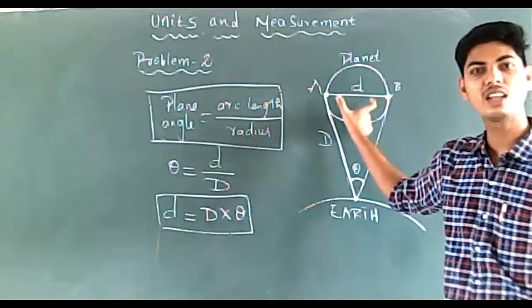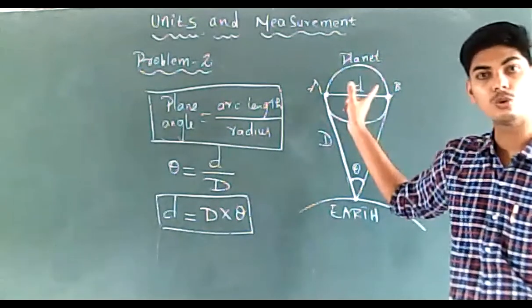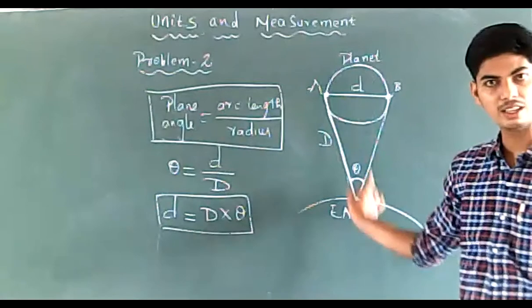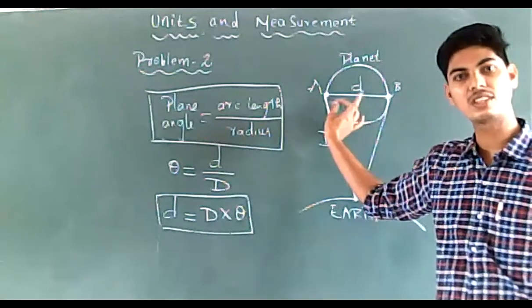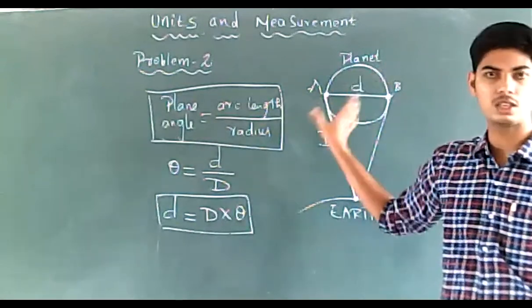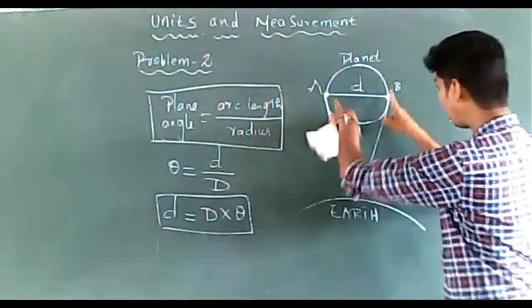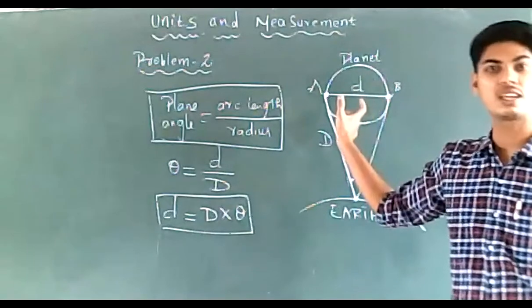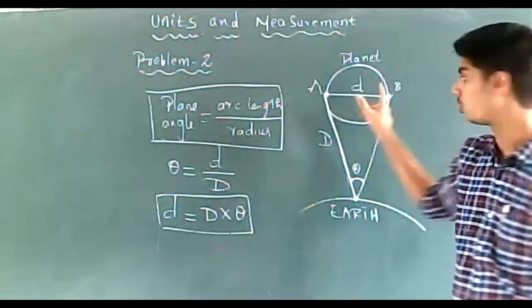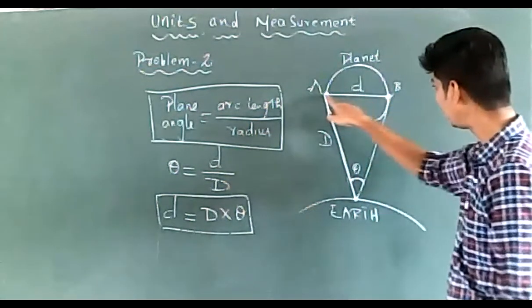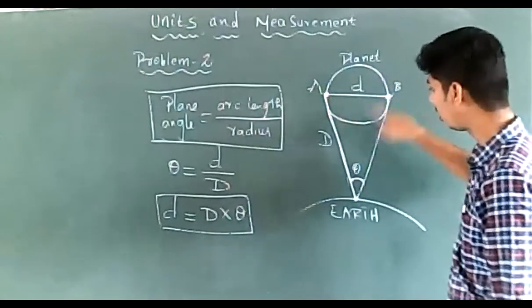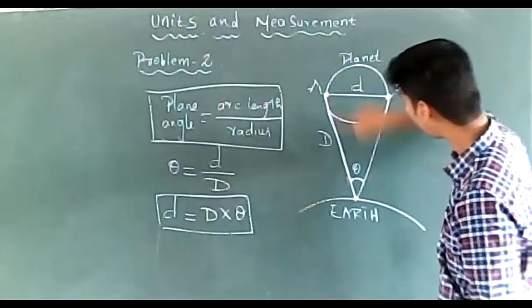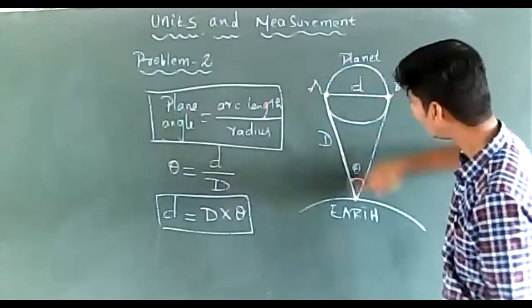Sir, why is it straight here? I have told you, for very small angles the arc of a circle always appears as a straight line. When the angle is very small, the arc appears straight to us. I have told you about this, right? So this basis serves as the arc, and this distance between Earth and the planet serves as the radius.